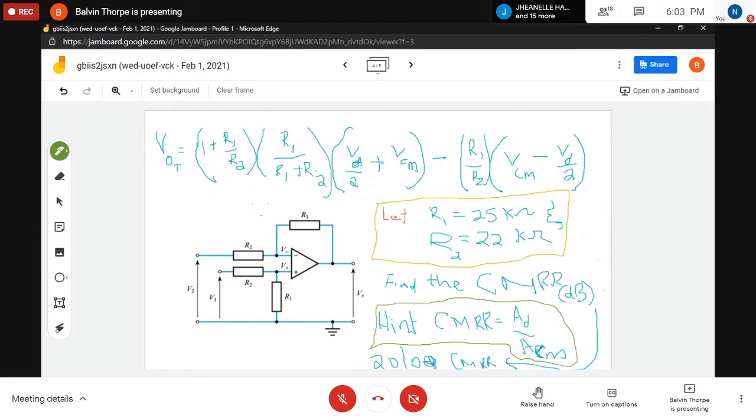Good. So listen to how I put it. I say that the common mode rejection ratio of an operational amplifier is a ratio that tells you how well the amplifier will amplify signals that are different at its input and reject signals that are the same or common at the input.